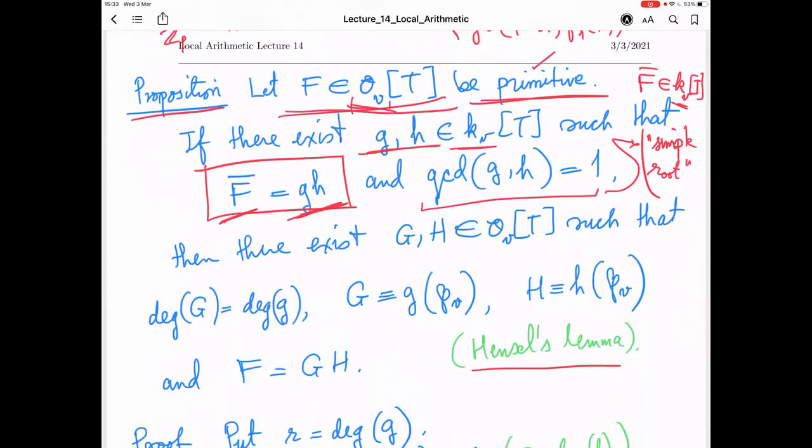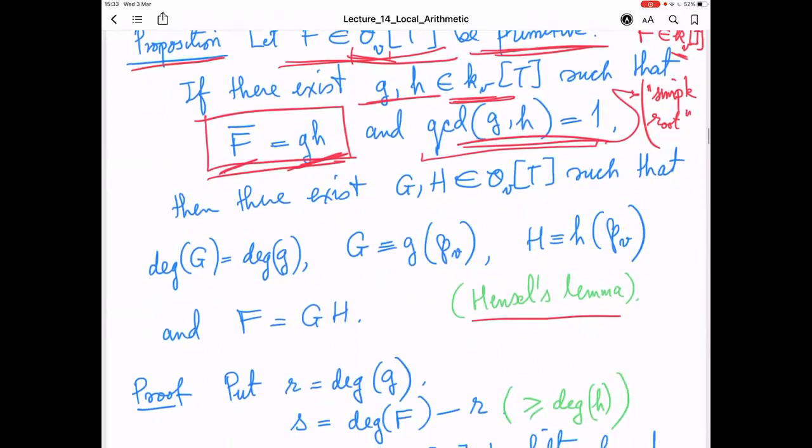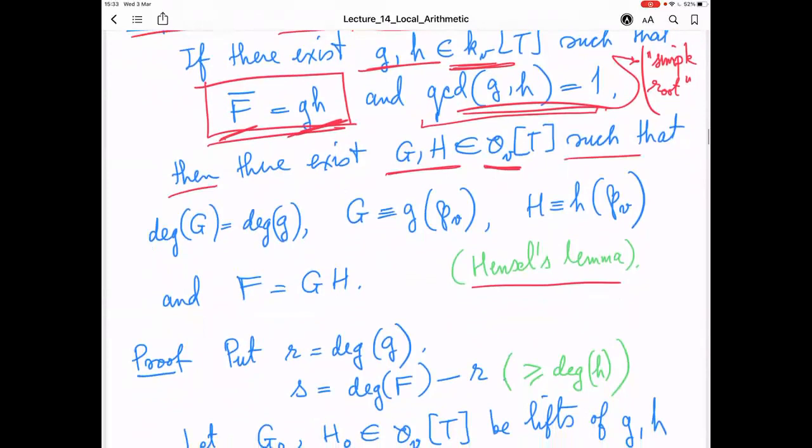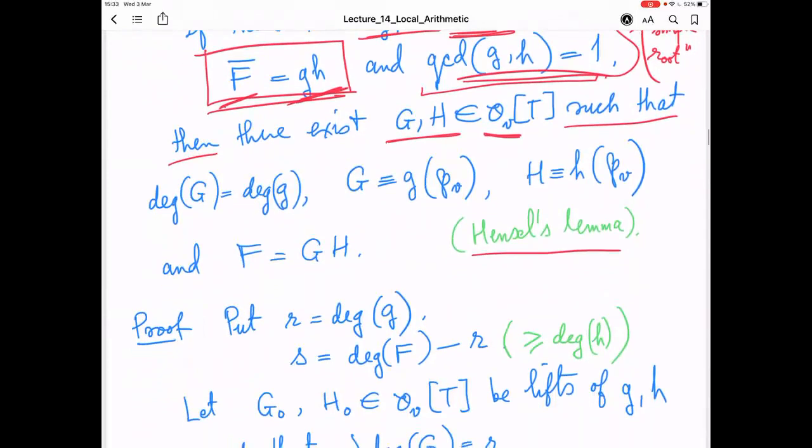Let's start with the polynomial f, which is primitive, and suppose that f bar is a product of two polynomials g and h with coefficients in the residue field which are relatively prime. And the proposition says that then there exist two polynomials capital G and capital H with coefficients in my ring OV which have the following properties.